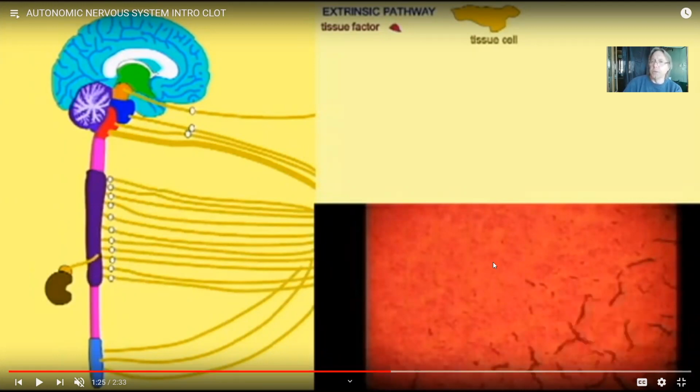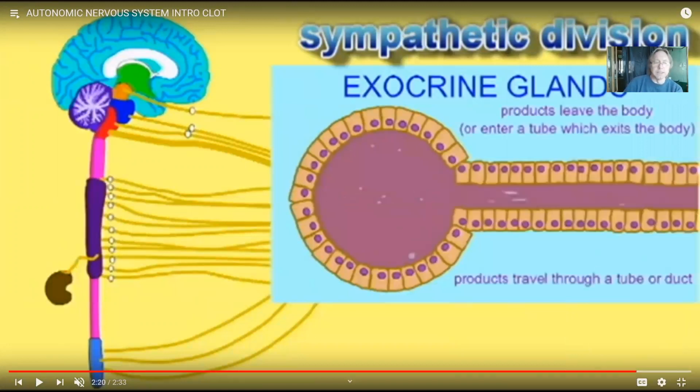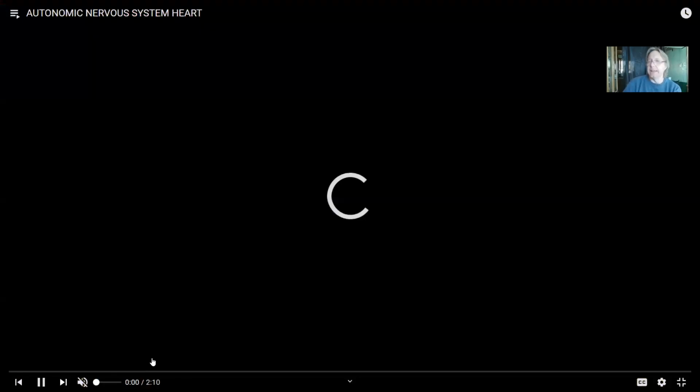We can make our blood thicker and increase the number of clotting factors. That's a good idea if you see a big cat, because your odds of bleeding in the near future have gone up. You're going to cause your sweat glands to start releasing sweat. That's a good idea. If you have to run away from a big cat, you may be overheating soon.